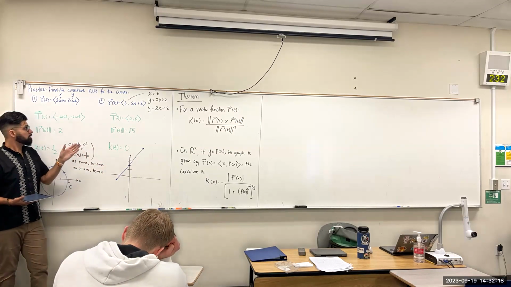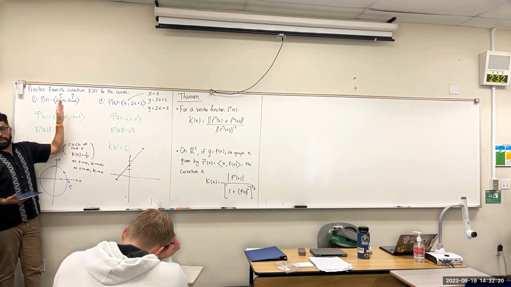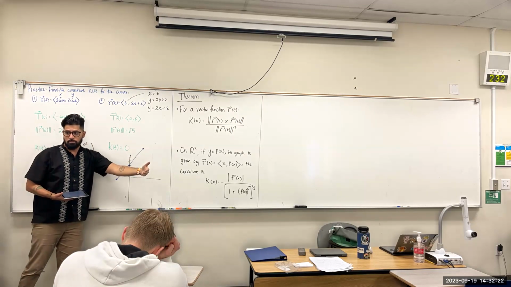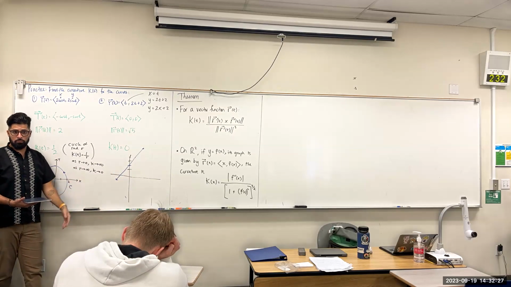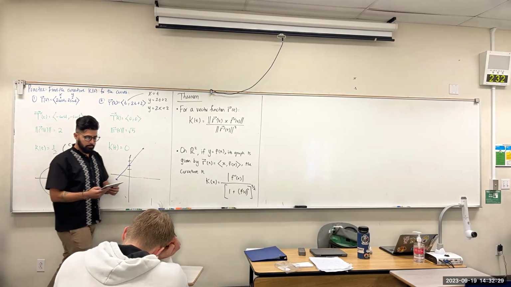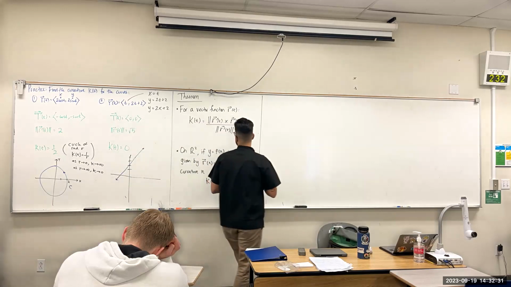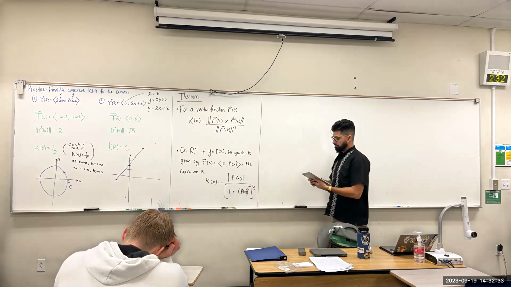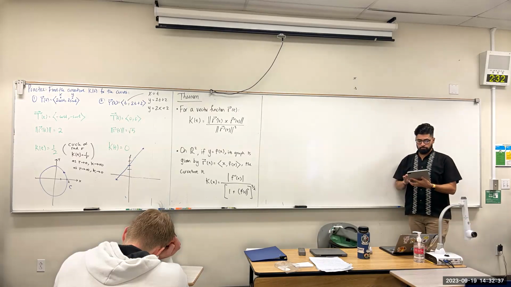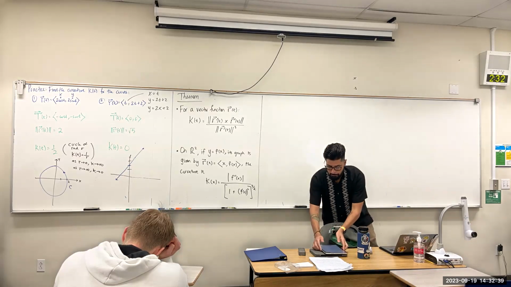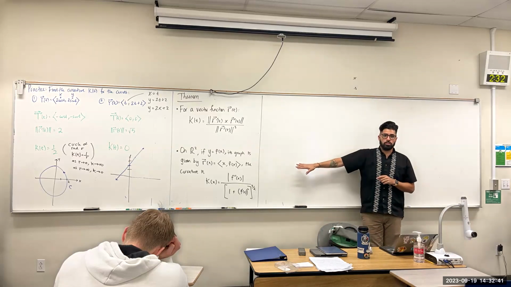Other homework problems will say find the curvature of a function at t equals blank. So then you'll find the curvature function and then plug in t to give you the value. Okay. And so this is it for curvature.